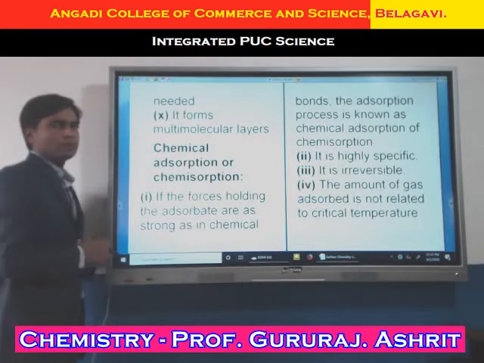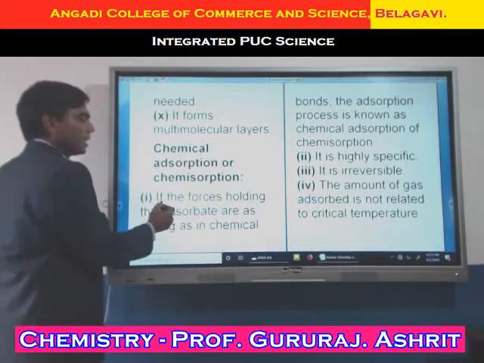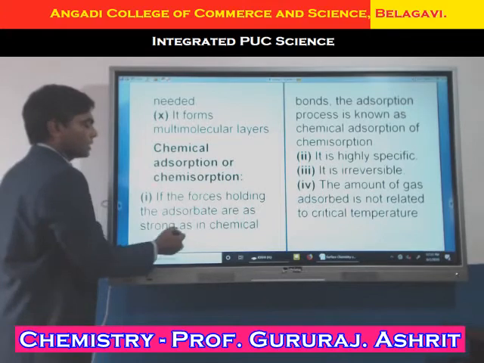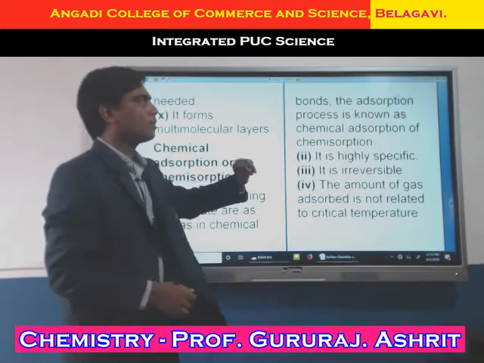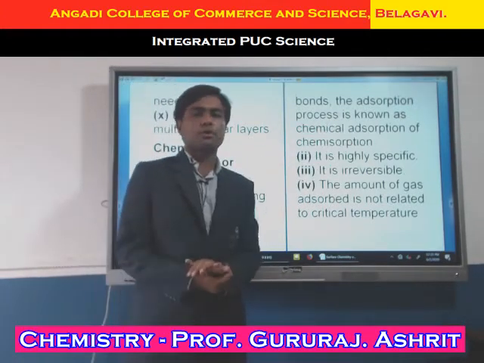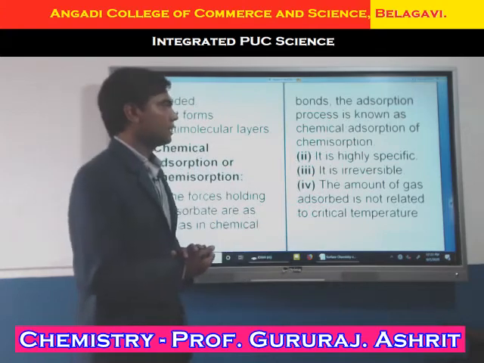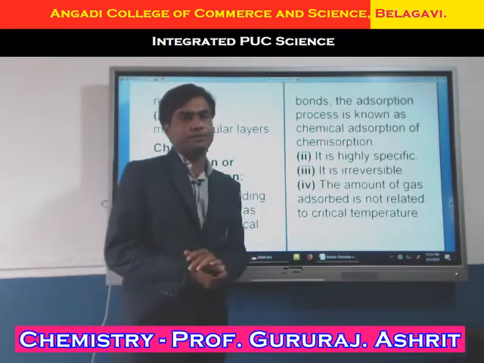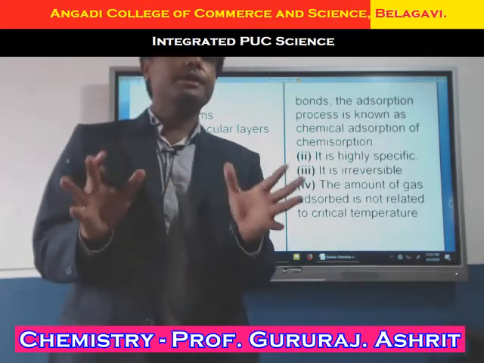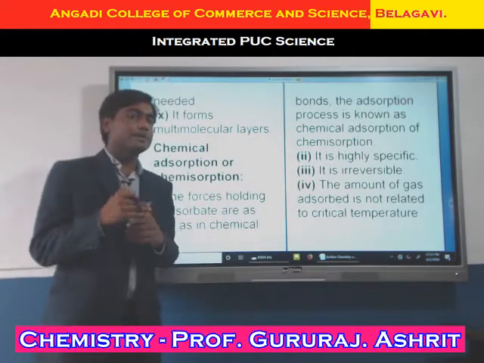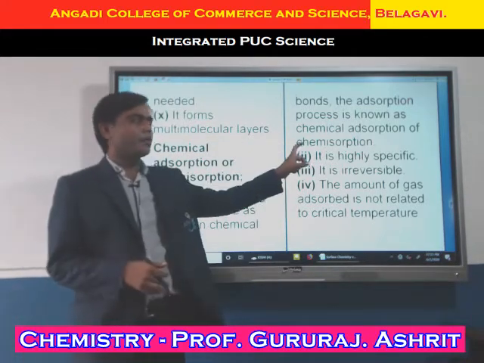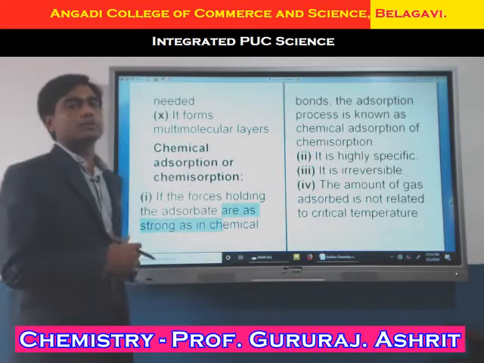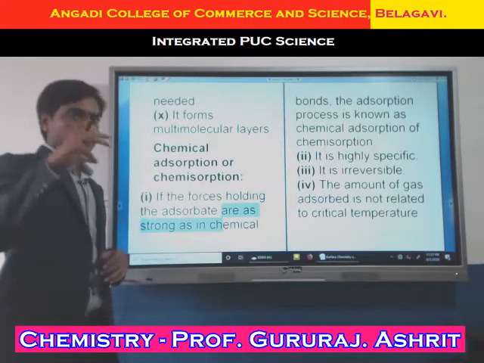Okay. Now we move towards chemical adsorption. If the forces holding the adsorbate are as strong as in chemical bonds, the adsorption process is called chemical adsorption. As already discussed, it is highly specific. There, what I told, it is not so much specific. It is highly specific, meaning the adsorbate and adsorbent should be particular.